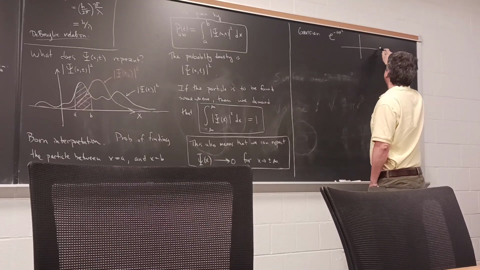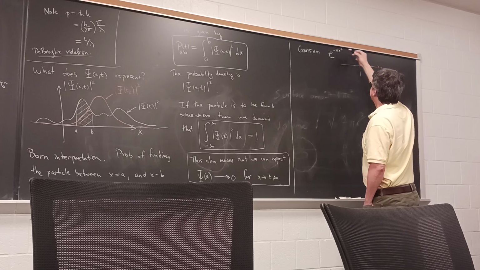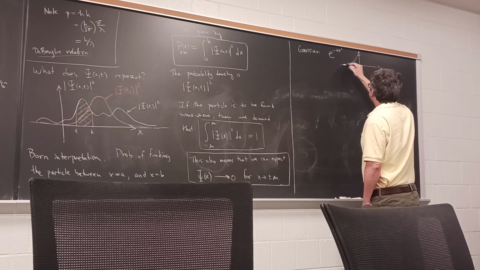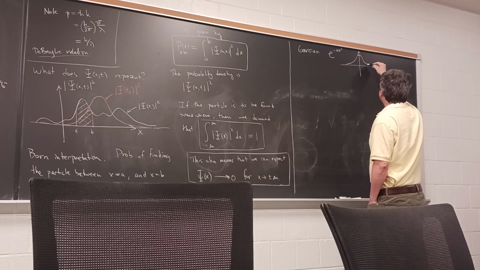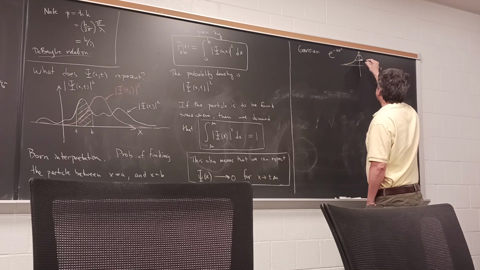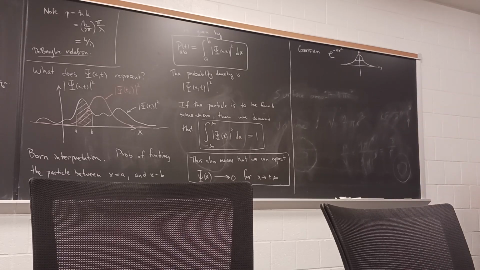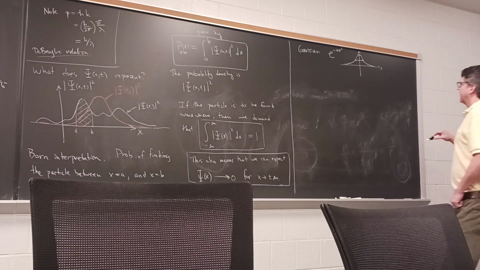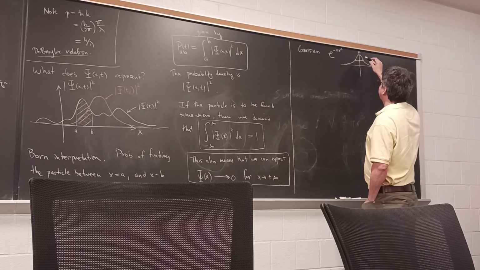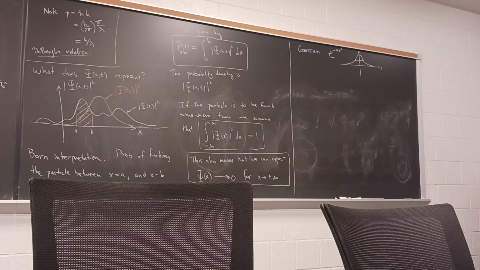So if you plot it as a function of x, it has an amplitude here of 1, and it just decreases exponentially towards 0, and then the width here is proportional to 1 over a. Okay, so everybody's seen a Gaussian before?